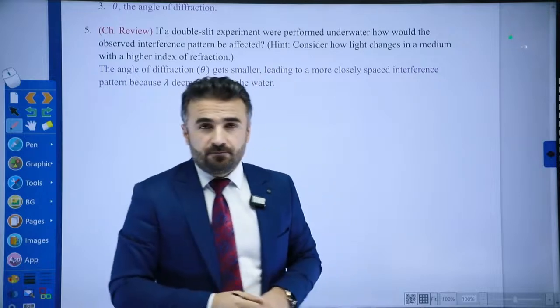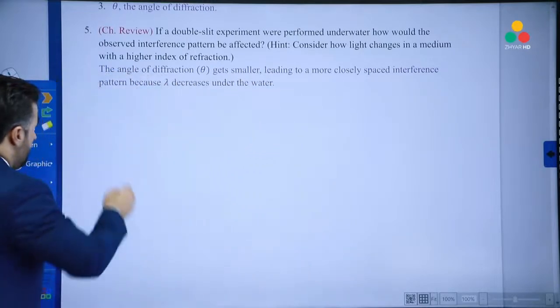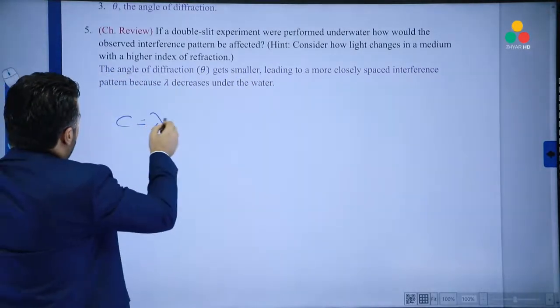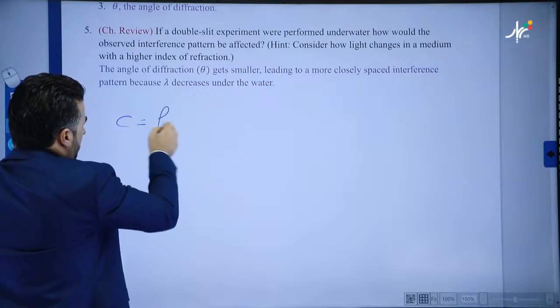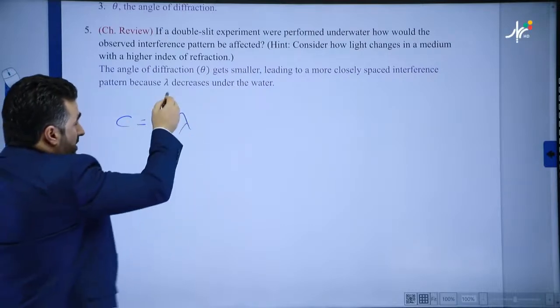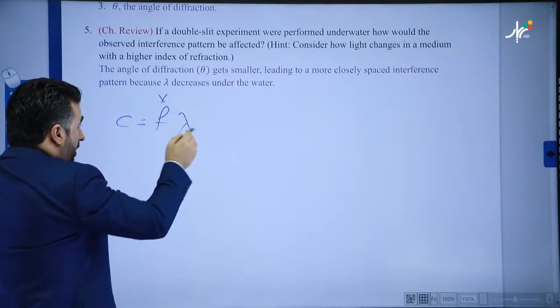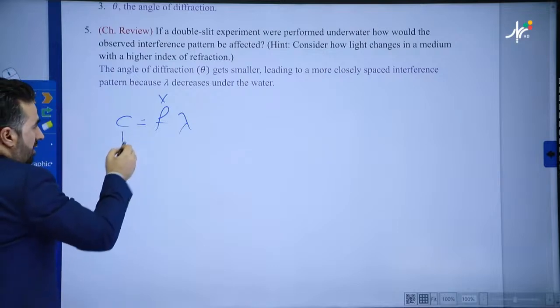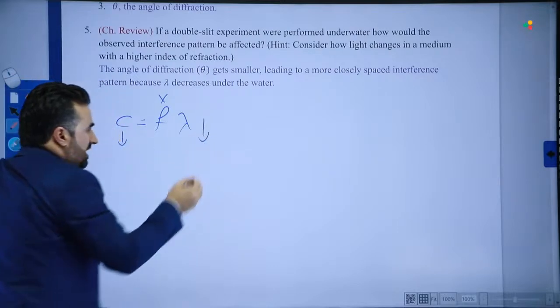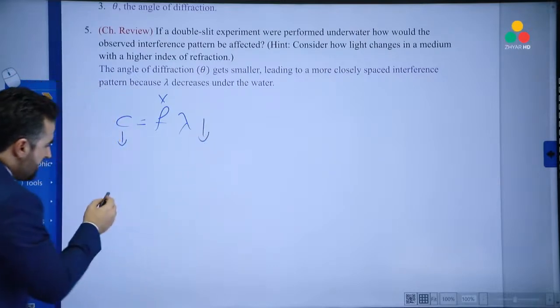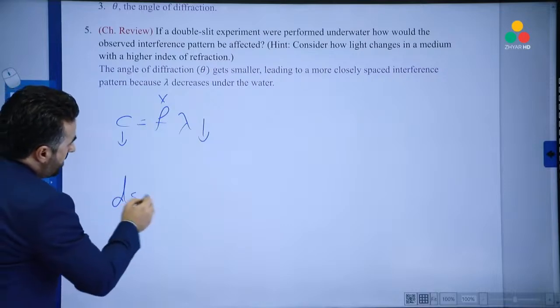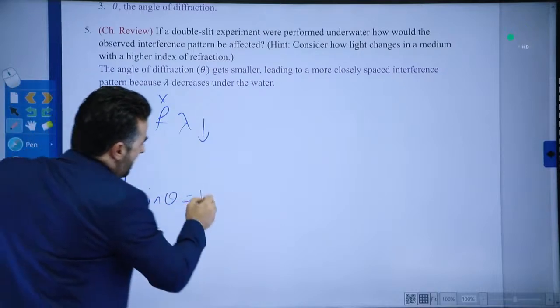Clearly in water. So we have c equal to frequency times wavelength, and clearly the frequency doesn't change. In water, the light slows down. If it slows down, the wavelength decreases. So if we use this equation here, d sine theta equals m lambda, yeah?